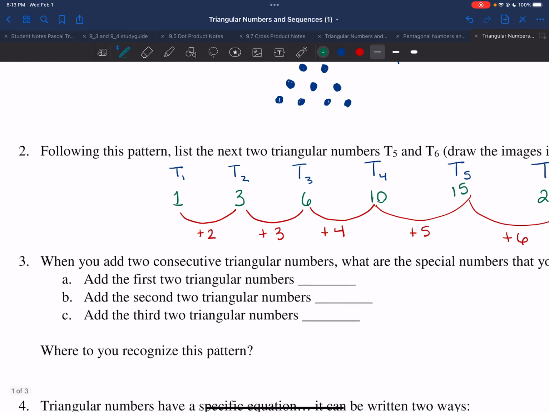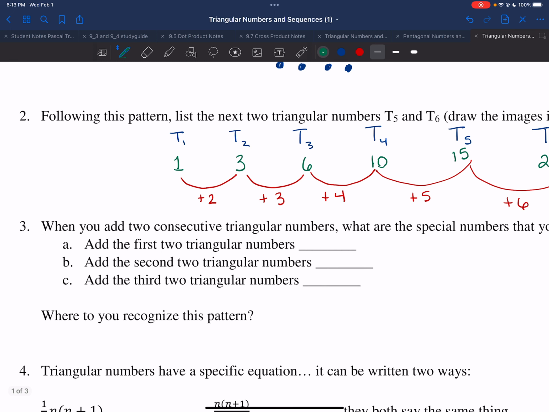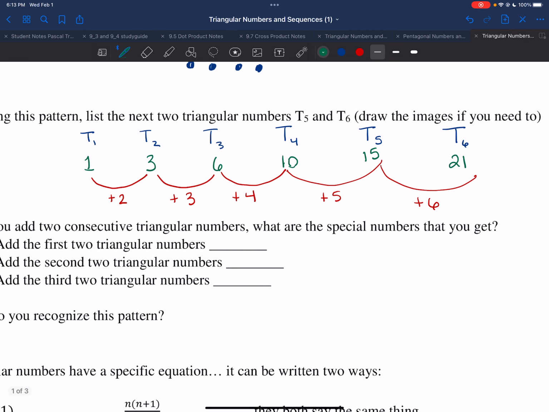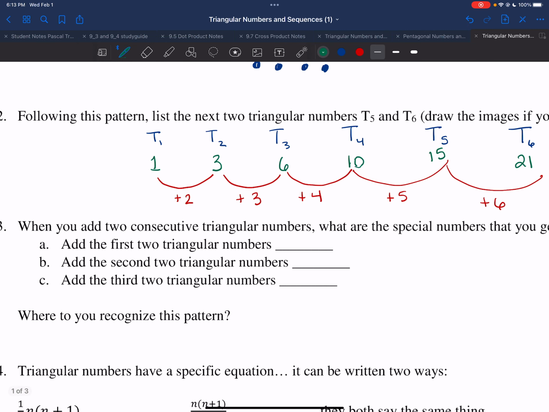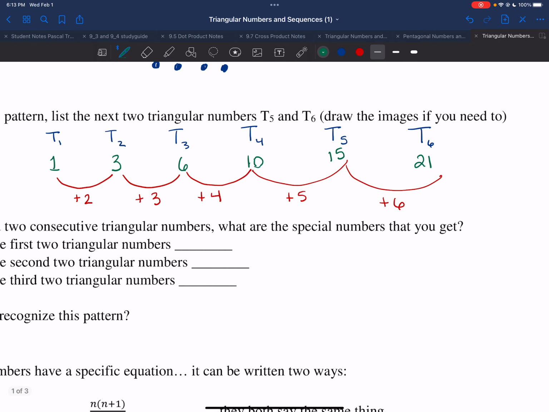The other thing to look at is when you add two consecutive triangular numbers, what are the special numbers that you get? Well, first, let me make a comment that these numbers are found already on the Pascal's triangle. So I'm going to put a little note here.